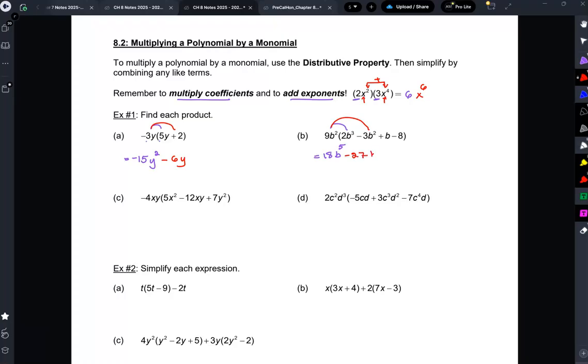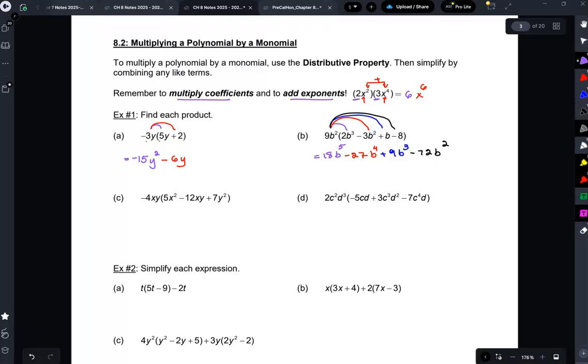And then the b's, add the exponents. You get 4. 9b squared times b is positive 9b cubed. And then 9b squared times negative 8. Multiply 9 times negative 8, negative 72b squared.